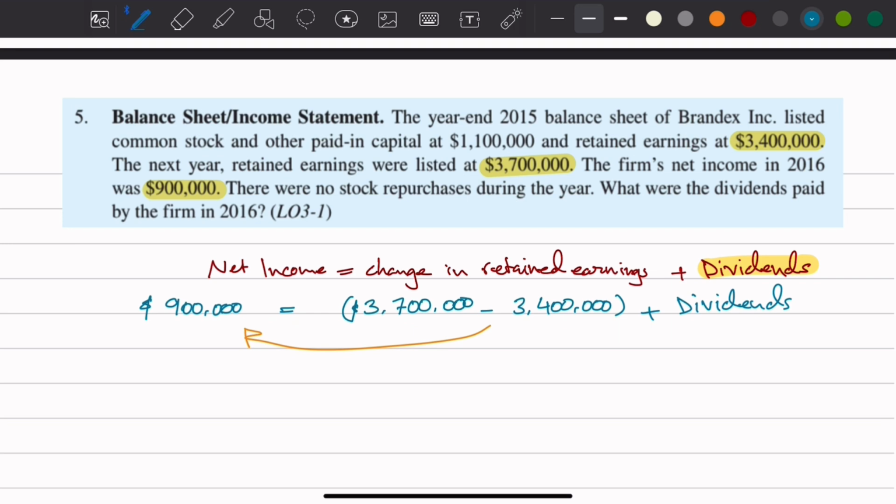So 900,000 minus the change in retained earnings, which was 300,000, but since we are moving it across the equal sign, we're going to change its sign, so it will become negative $300,000. This is going to equal the dividends.